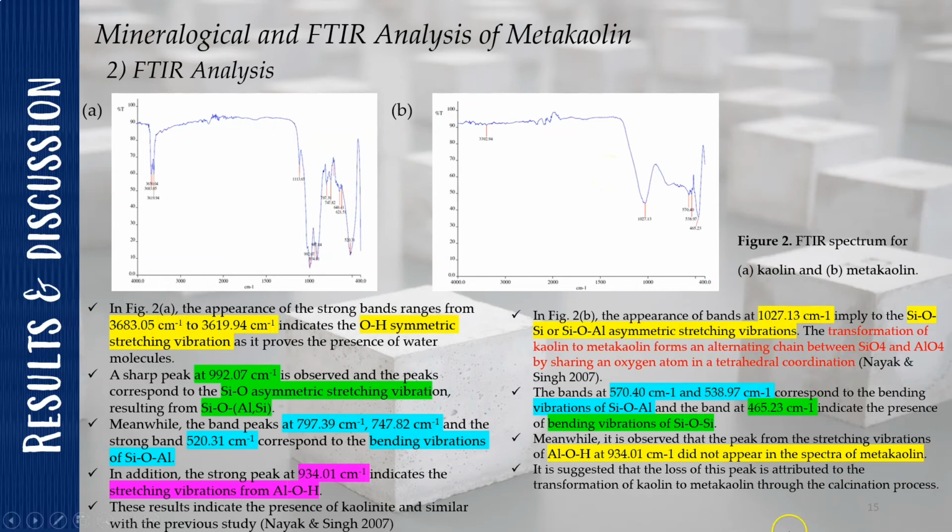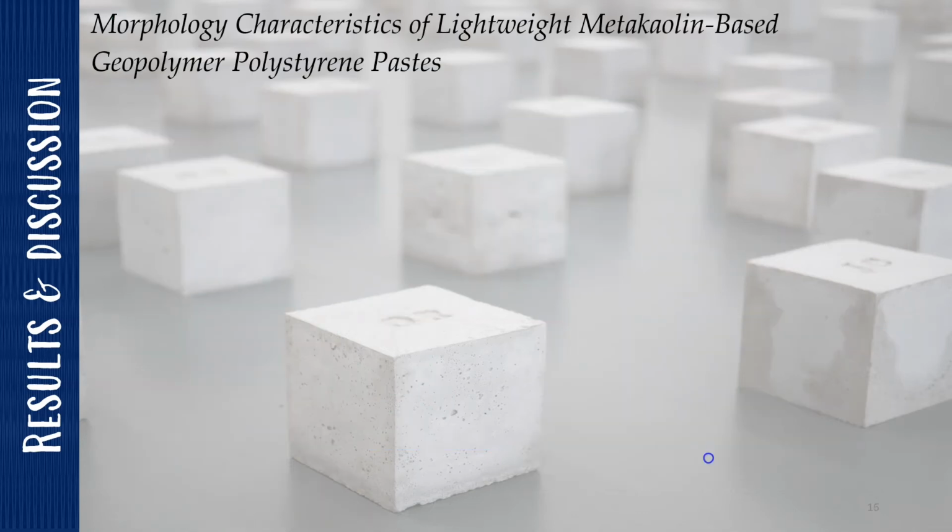Meanwhile, it is observed that the peak from the stretching vibration of aluminum-oxygen-hydrogen at 934.1 per centimeter, similar to the FTIR of kaolin, did not appear in the spectra of metakaolin. It is suggested that the loss of this peak is attributed to the transformation of kaolin to metakaolin through the calcination process.